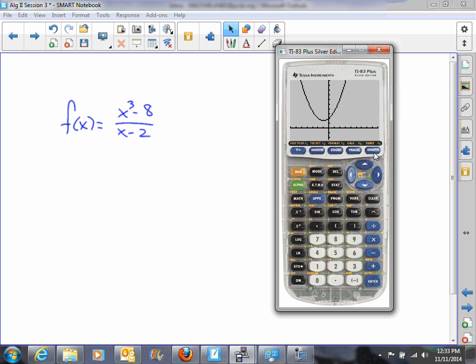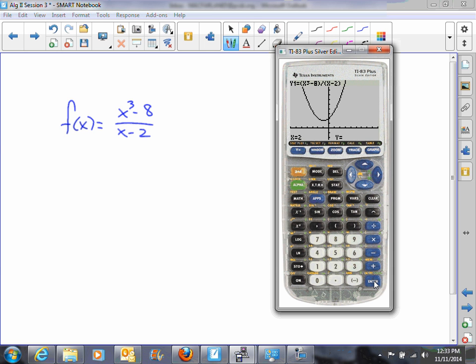Now, if you look at this, we've got a parabola here, but the graph isn't showing this, but if we were to ask what the value is at x equals 2, in other words, if I put 2 in, notice there is no y value for 2.